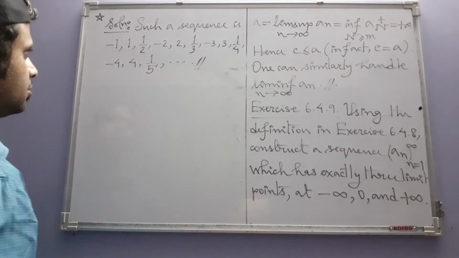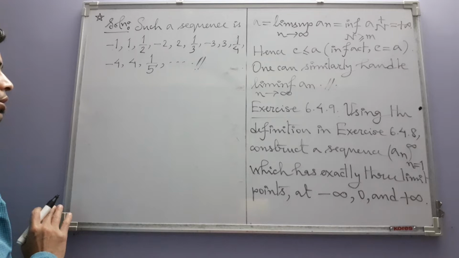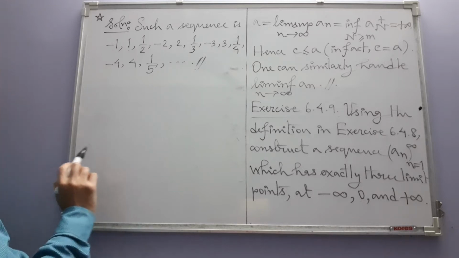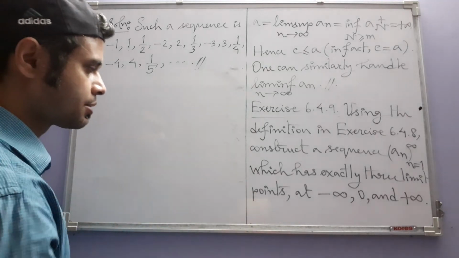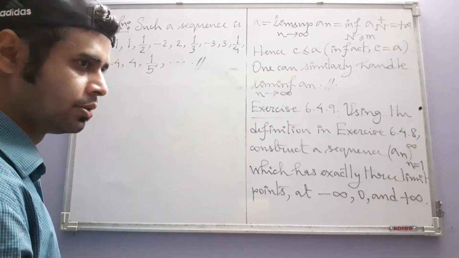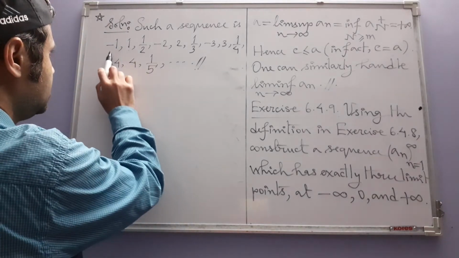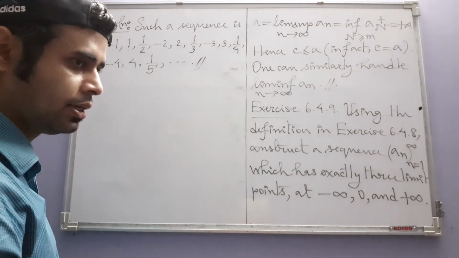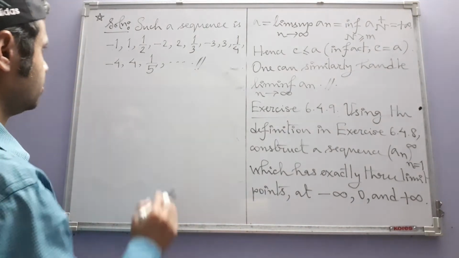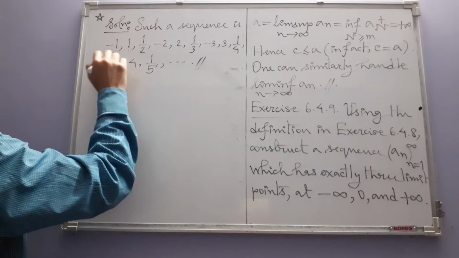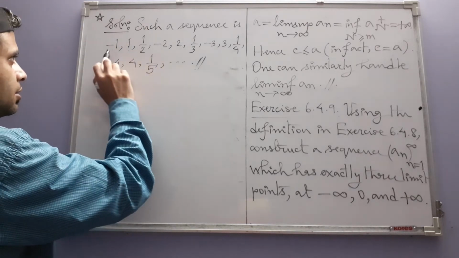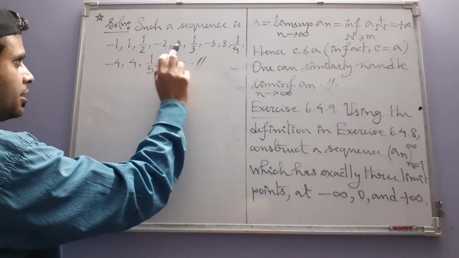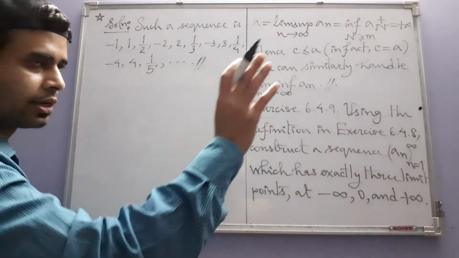Then from that definition, you have to show that -infinity is a limit point, which one in fact can see quite easily because the sequence does not have any finite lower bound because of the presence of these negative terms, -1, -2, -3, -4, and it goes like that.